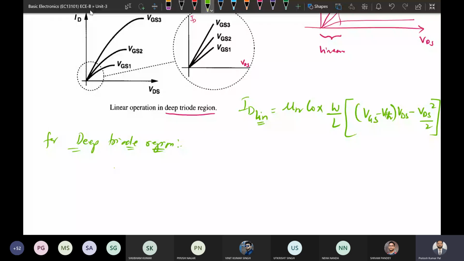So this is the resistance, and this resistance value is called on resistance. So R on will be 1 upon mu n Cox W by L, VGS minus VTH.